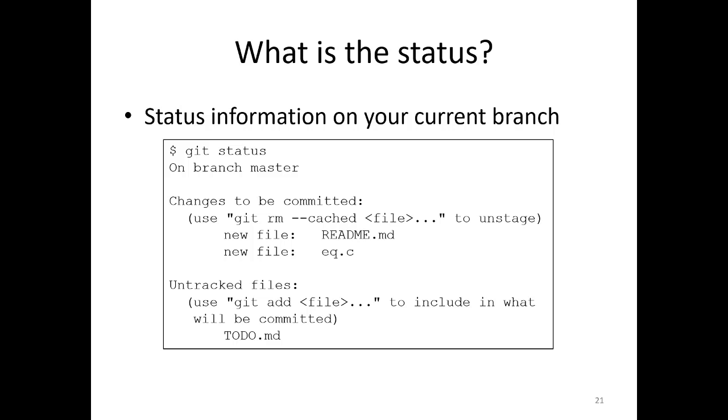So the file todo.md is not part of the repository. It's just a file in the directory in which the repository resides, but it is not part of the repository. So the status command is something that you will probably run pretty often.